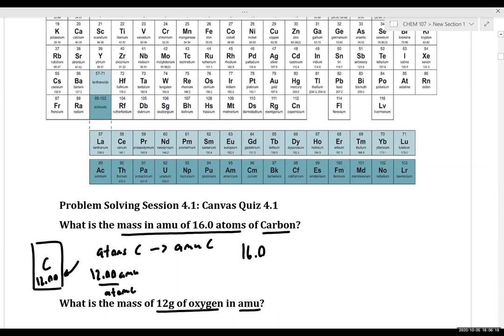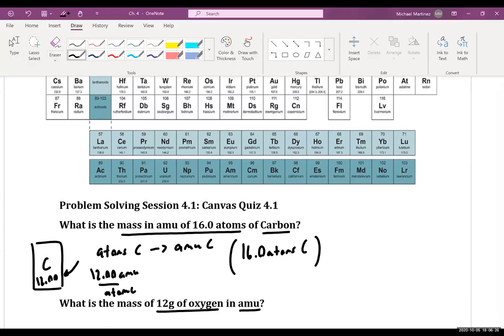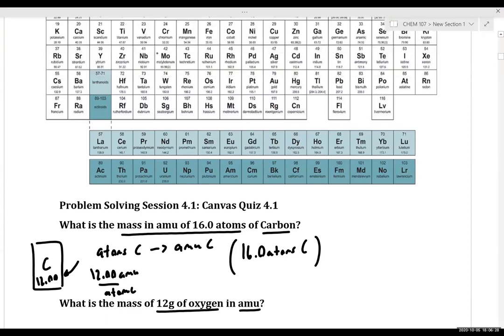So if we have 16.0 atoms of carbon, we know that we have 12.00 AMUs per 1 atom of carbon.